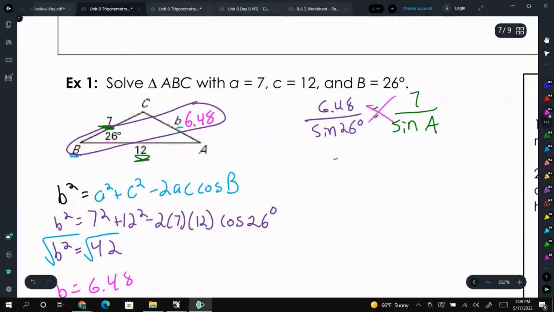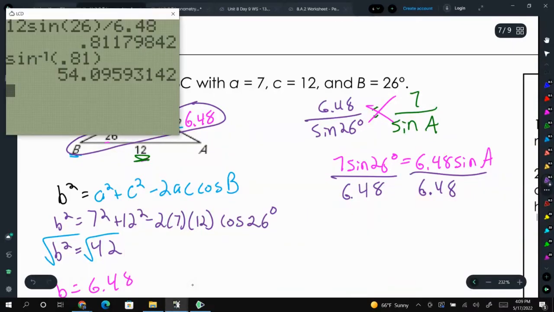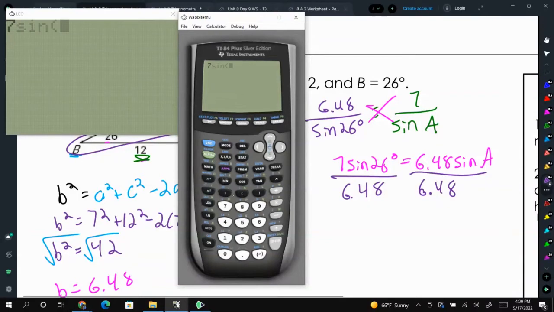So then we'll cross multiply: 7 times the sine of 26 degrees equals 6.48 times the sine of angle A. I'm going to do this division first in my calculator and then do the inverse sine because I want the most exact answer. So 7 times sine of 26, close parentheses, divided by 6.48.